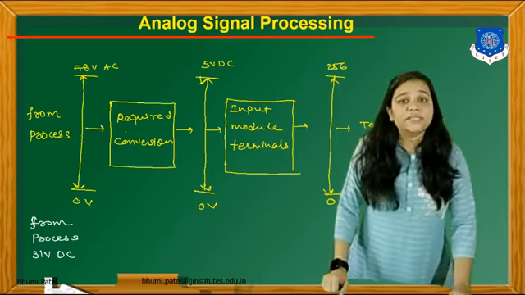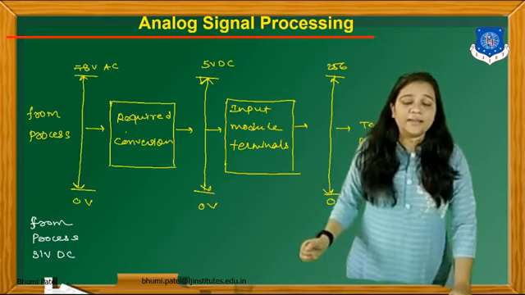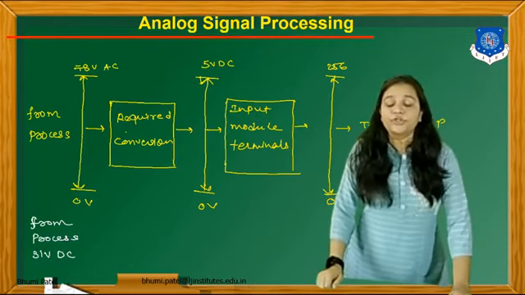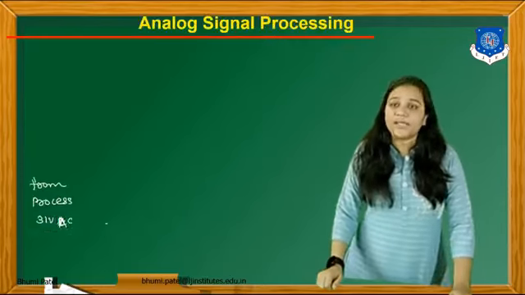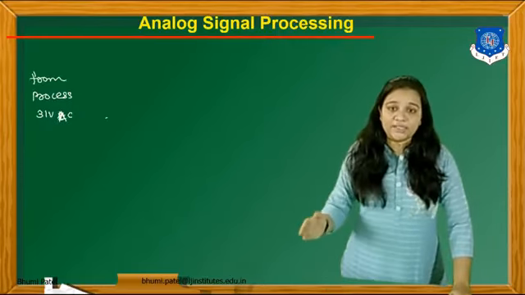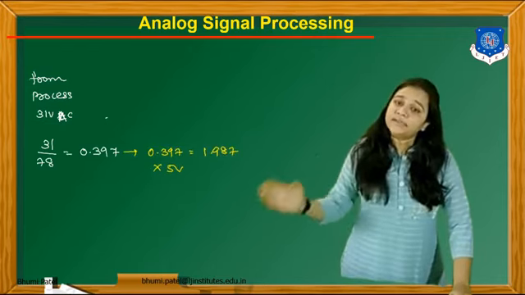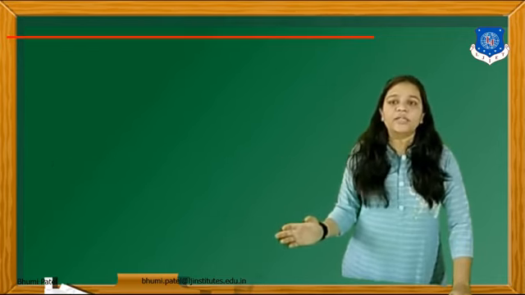They will also give the 16 bit. So we have to write the value from 0 to 1024. So depending upon the process or the example, we can change the AC, DC and the bit number, and then we have to calculate in the same manner. And same thing for the output.